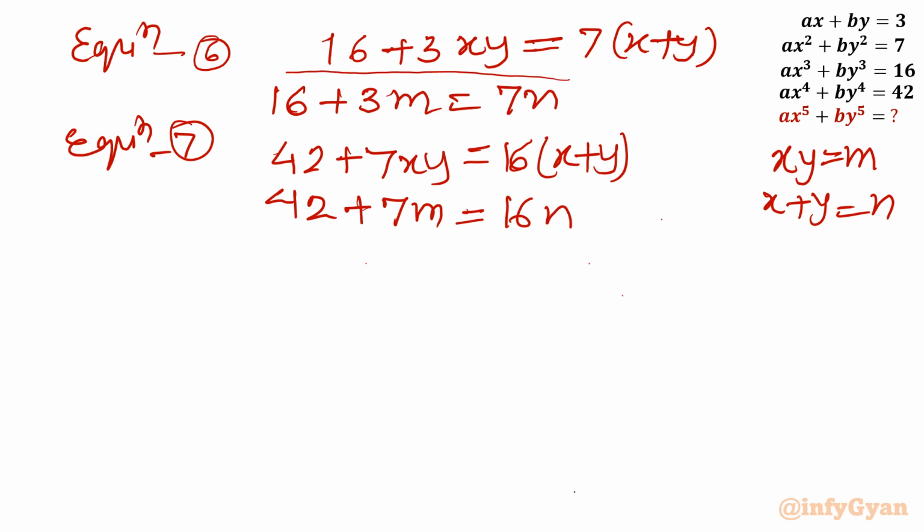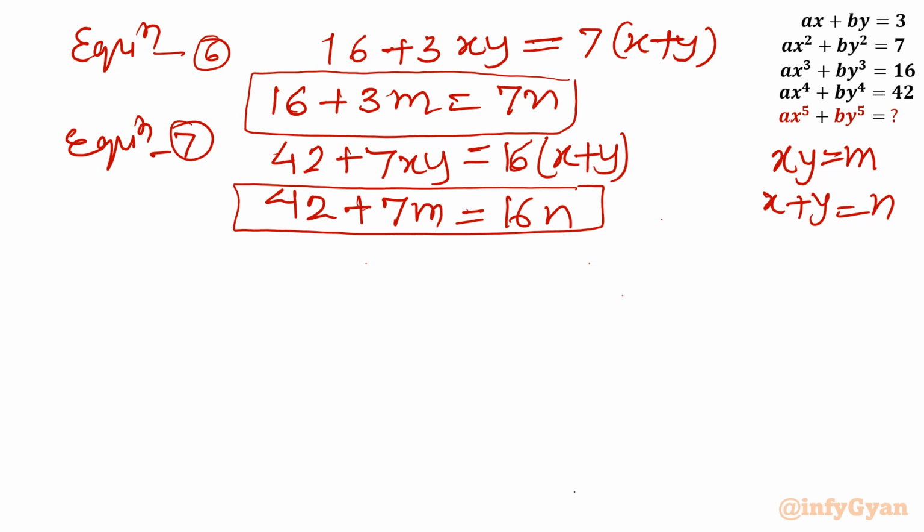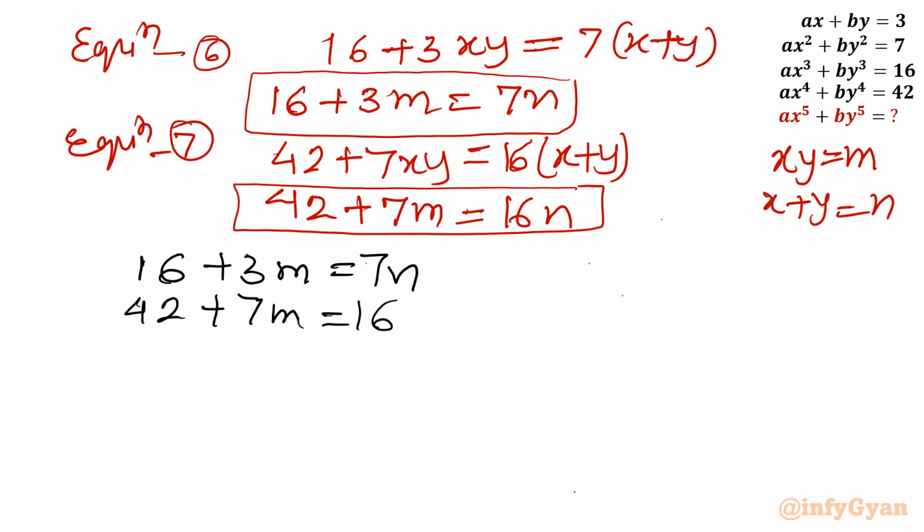So we have two linear equations, and we have to solve them easily. Substitution and elimination methods are there. Let me write here 16 plus 3m equal to 7n and 42 plus 7m equal to 16n. Now I want to cancel m. So I will multiply this equation with 7, this equation with 3, so that the m term will be the same, 21m.